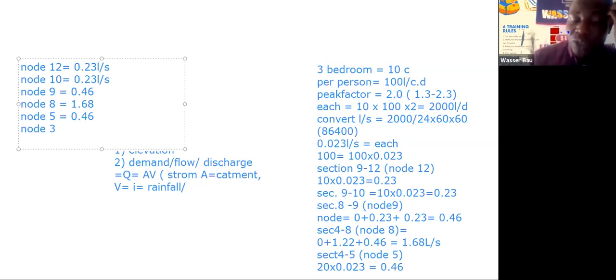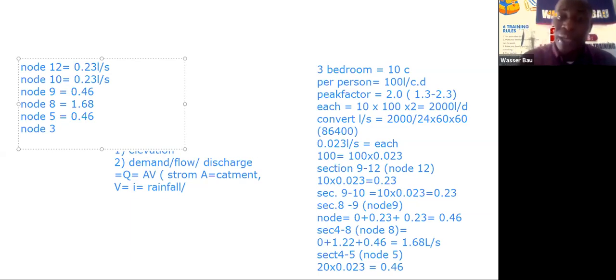I'm assuming 20 houses, but I can also not say 20 houses. I can say there are 10 houses, one shopping complex, one hotel, one garage. That means for each of those different users, I will have to calculate their water demand differently. At the end of the day, I will not have one homogeneous value across the board, but the value will be representative of what they actually are.